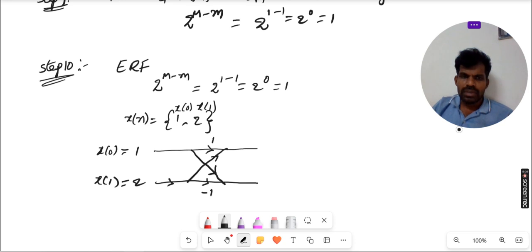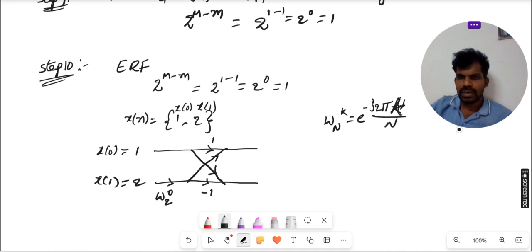And also, according to the 8th step, the twiddle factor is W suffix 2 power 0. We know the generalized formula for the twiddle factor, W suffix n power k, is equal to e to the power of minus j 2 pi k by capital N. Now let us substitute k equal to 0.